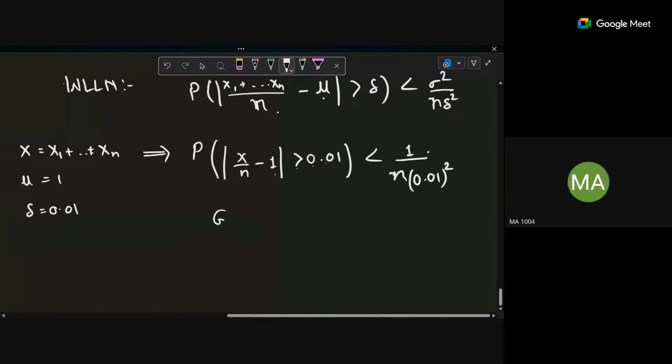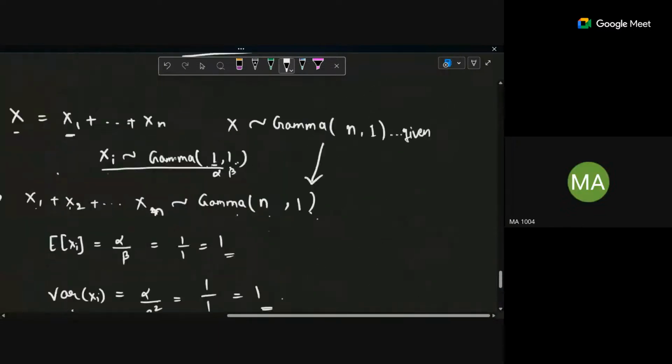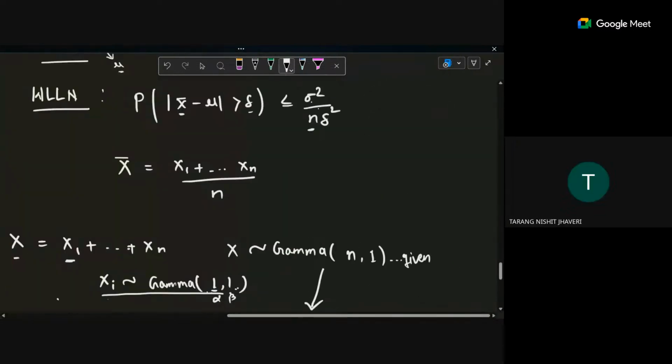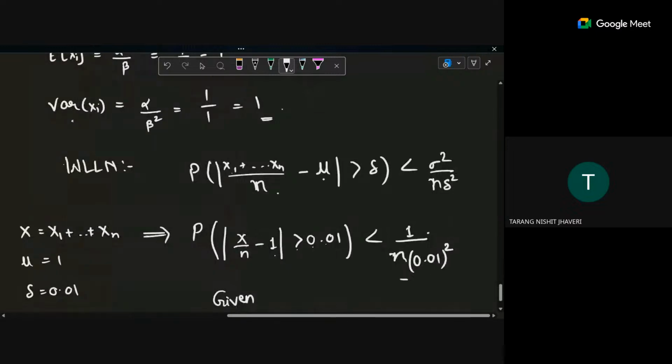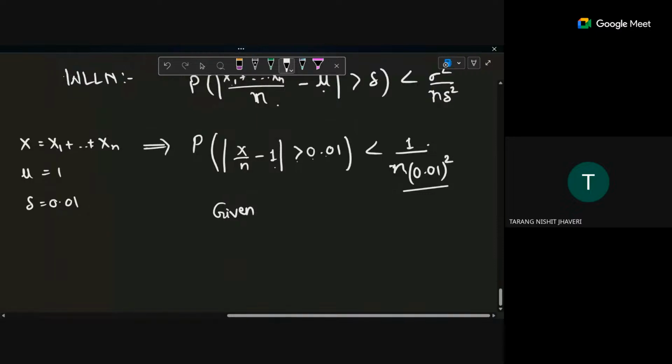So Ma'am, now we are given that, the last thing, 0.01. What last thing? The very last, one by n sigma square, sorry, delta square, to 0.01. You will equate it or what? Yes, ma'am, we equate it to 0.01 because in the above thing we have been given that it is equal to 0.01. Fine.